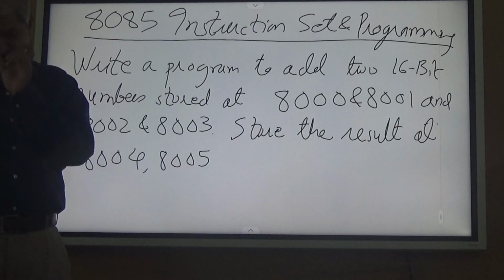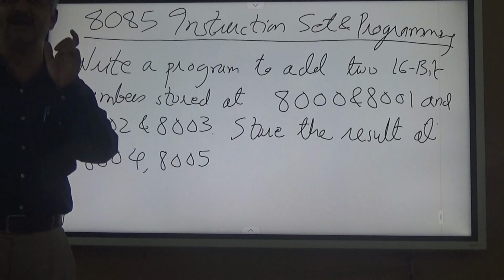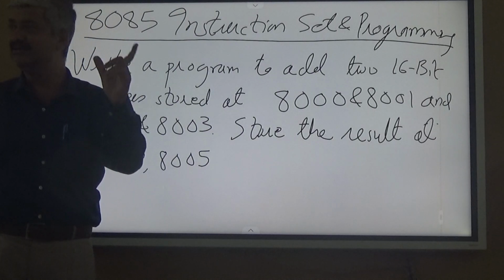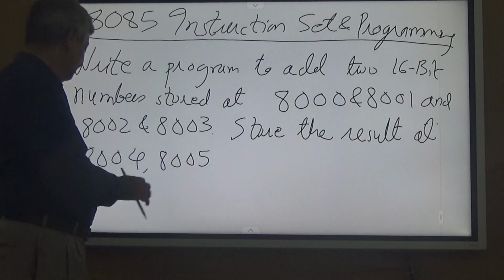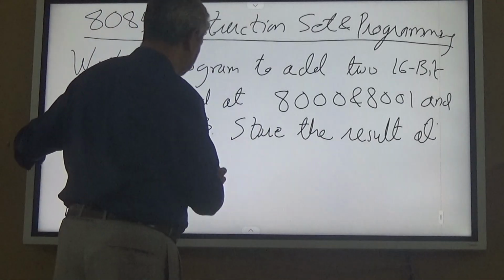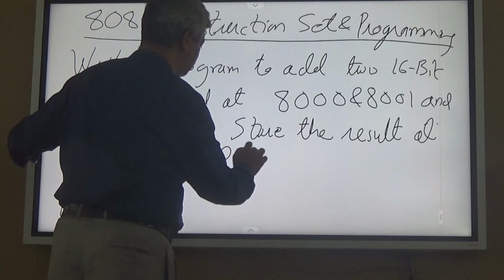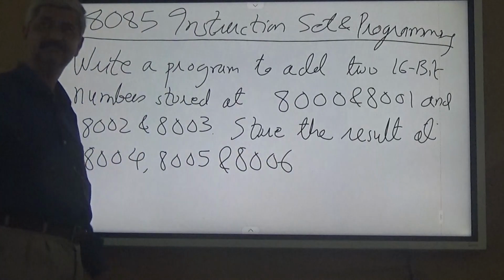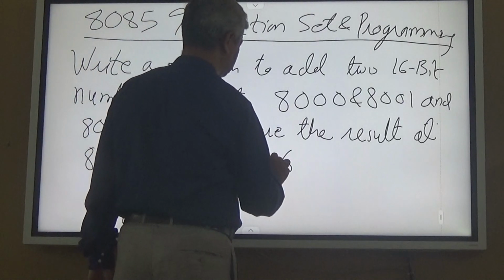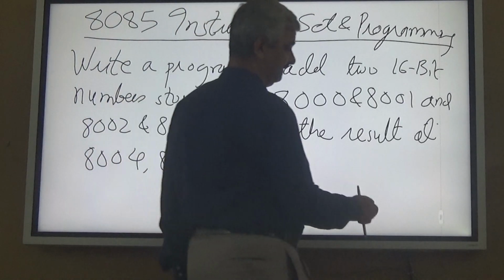So if number is 16-bit, 2 bytes are enough. A number more than 16 bits will require a third byte. So 8004, 8005 and 8006. Is it right? So you can start writing.